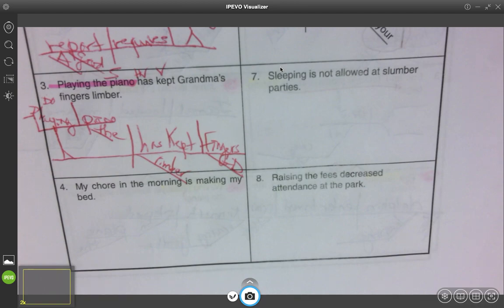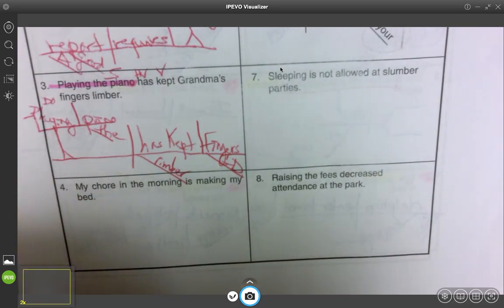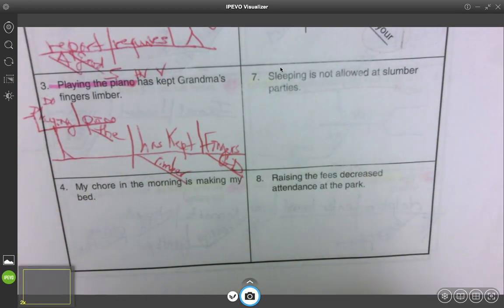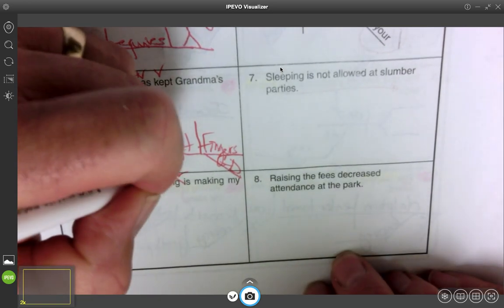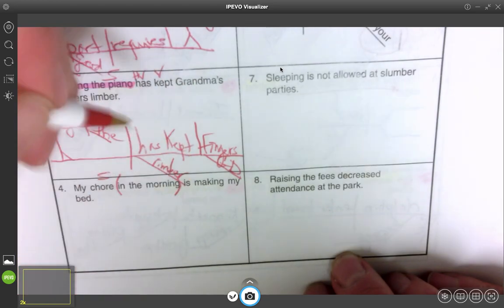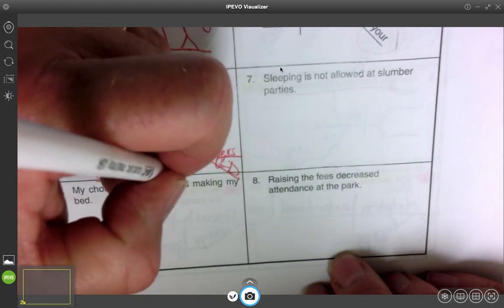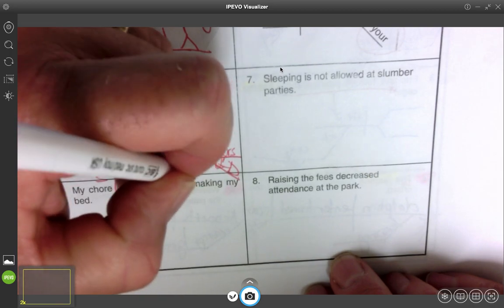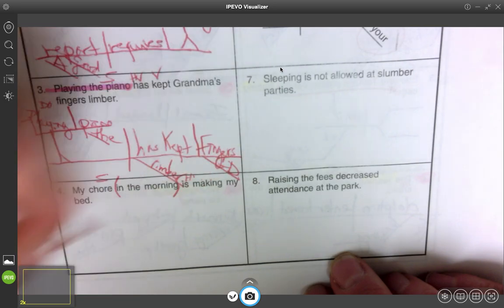Number 4. My chore in the morning is making my bed. Subject, chore. This looks like a prepositional phrase. This looks like a helping verb. Or what is this?